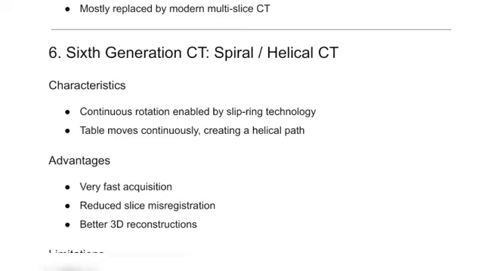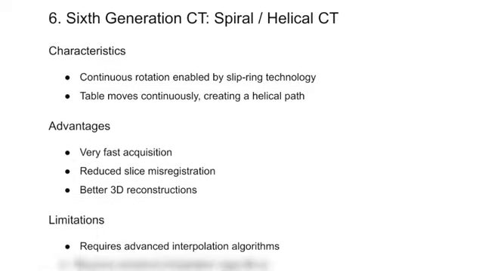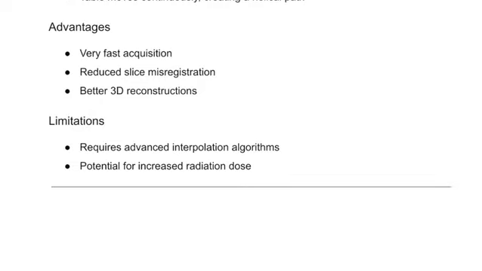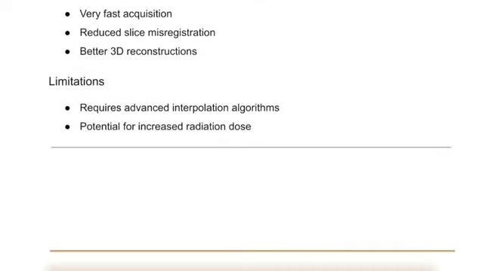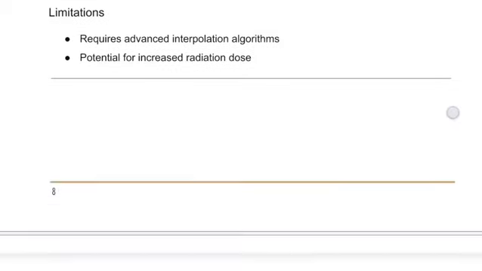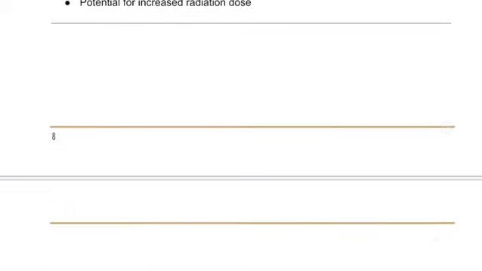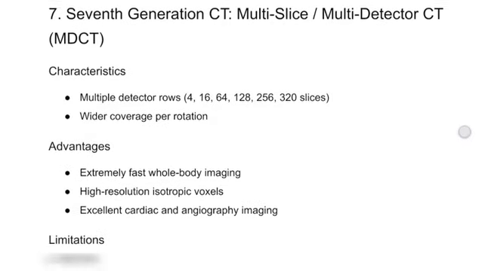It has some advantages: it is very fast in acquisition, it has reduced slice misregistration, and it has better 3D reconstruction. It also has limitations: it requires advanced interpolation algorithms, and it has the potential for increased radiation dose.